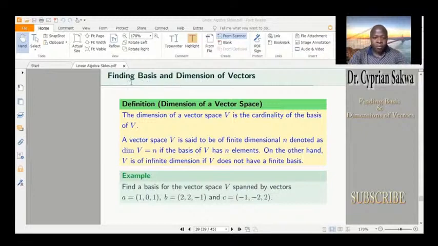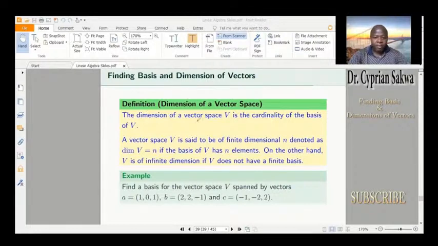So today again, we'll now be defining the dimension of a vector space, and then we'll look at various examples on how to determine the basis of a vector space and the dimension of a vector space. So let's first define dimension.